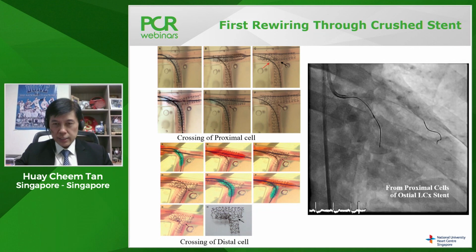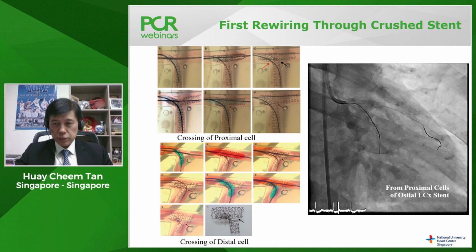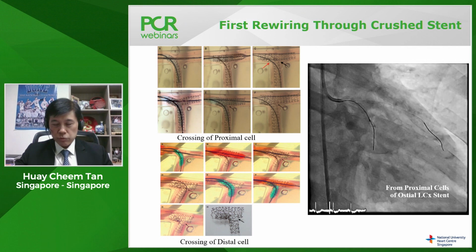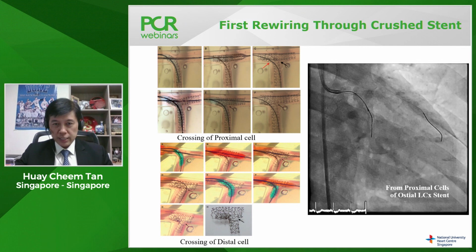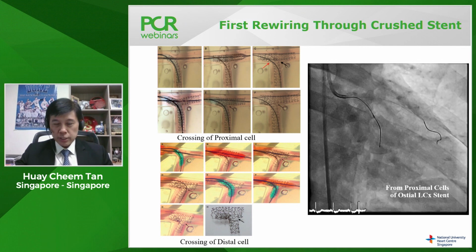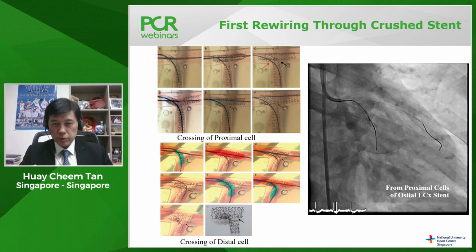And having done that, the next important step here, I think, that distinguishes a DK crush from a conventional crush stent is that you want to recross using the proximal cell of the stent. And if you look at the pictures on the left side, if you cross the proximal cell, you are likely to be able to push some of the metal to cover the carina.